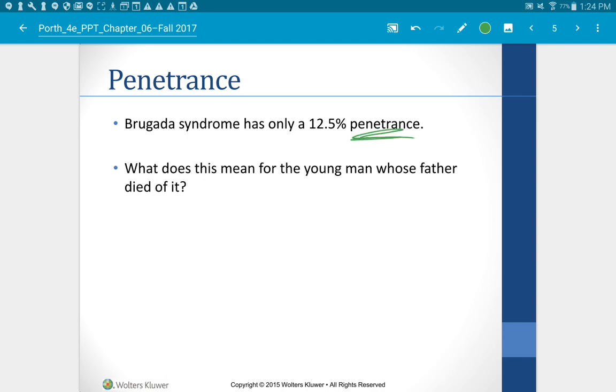This is where Mendel's genetics kind of breaks down a little bit. Even dominant alleles don't always guarantee the progeny have that phenotype. And the percent chance that they will is called penetrance.